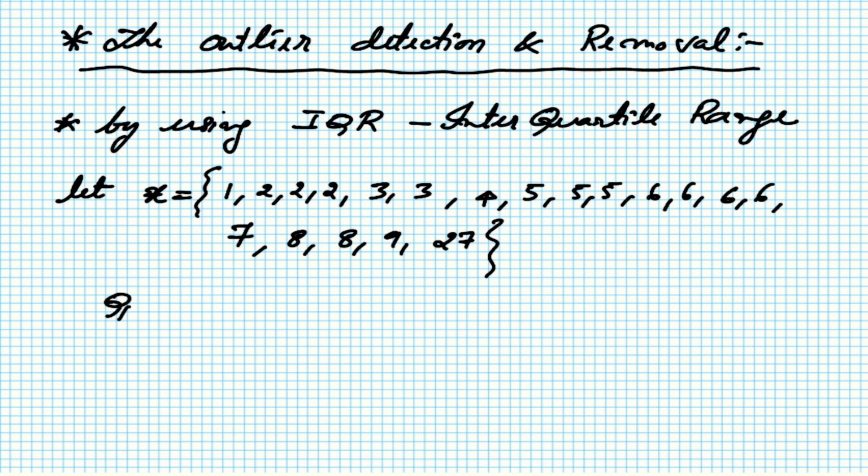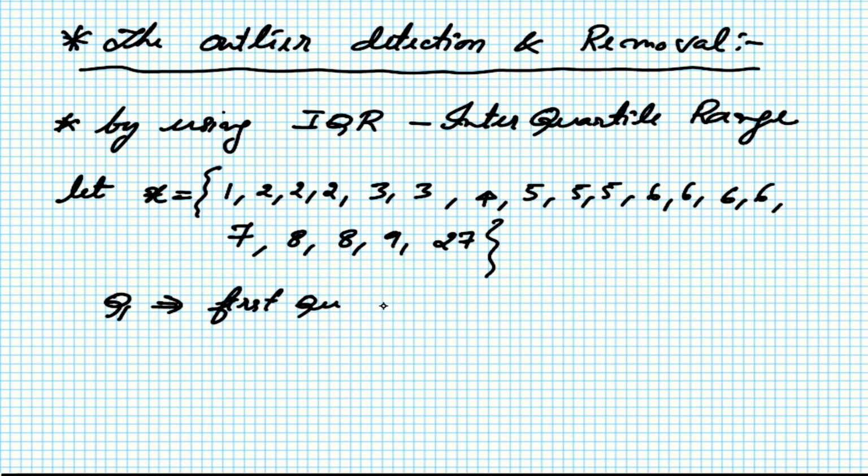There are 4 quarters, out of which the first quarter's last element is what we are talking about, and this is Q1. Q1 means, let me write that, the first quarter. That means it corresponds to 25% of the length.